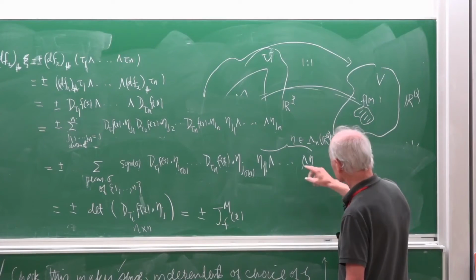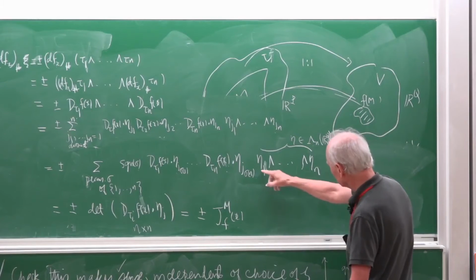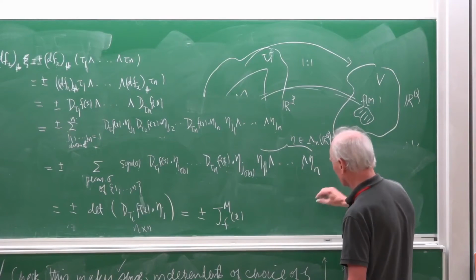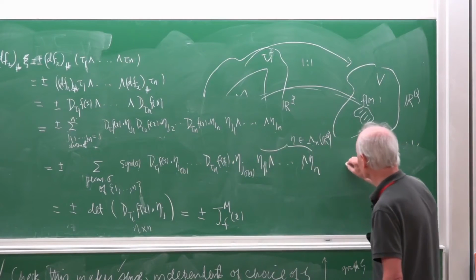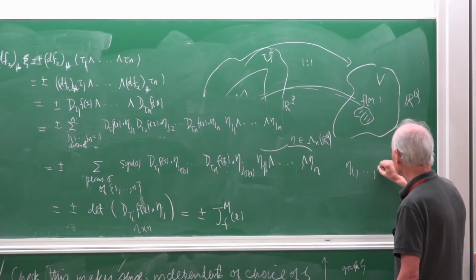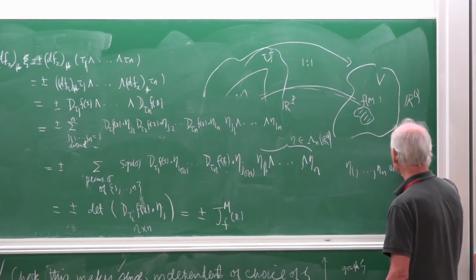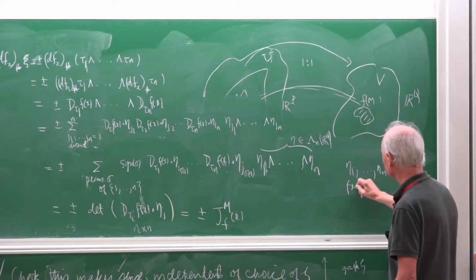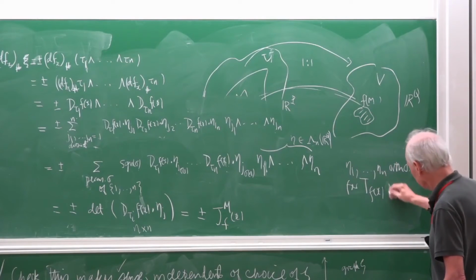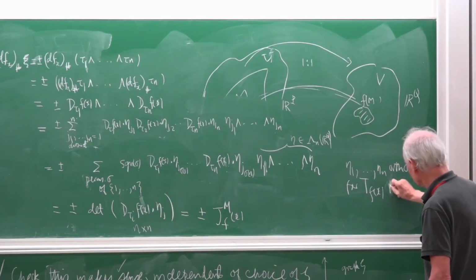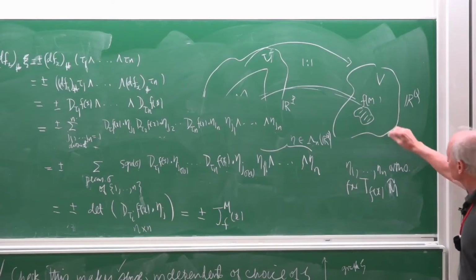These are tangent vectors, so eta 1 to eta n orthonormal for the tangent space at f of x, M tilde, where M tilde is the image manifold, Fm.